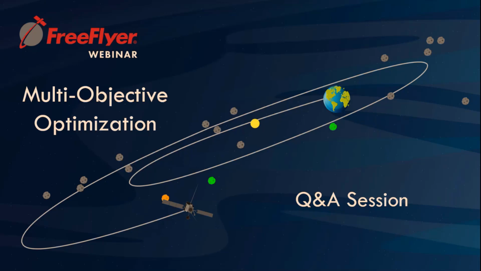And lastly, how is each transfer leg solved for in the sub problem? So in the asteroid tour example problem, each leg of the asteroid tour is going to be solved using the single objective optimizer.